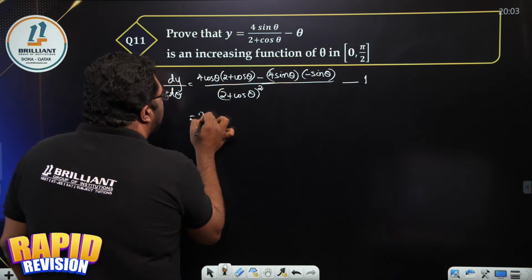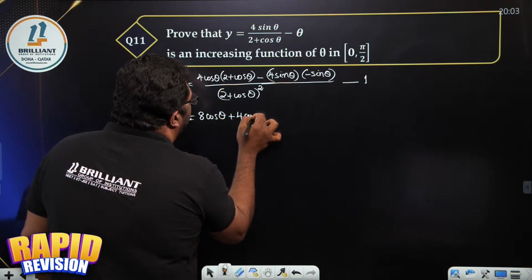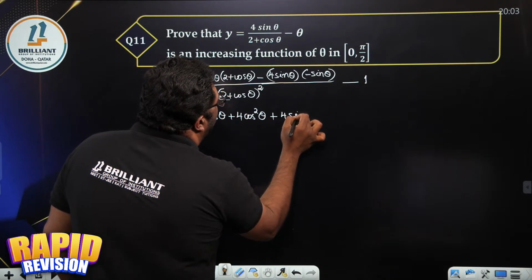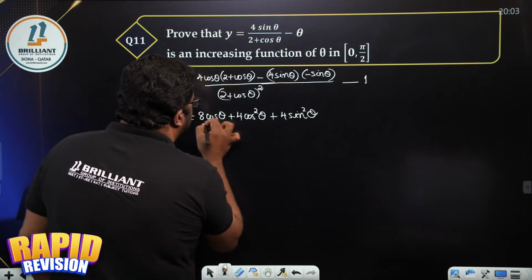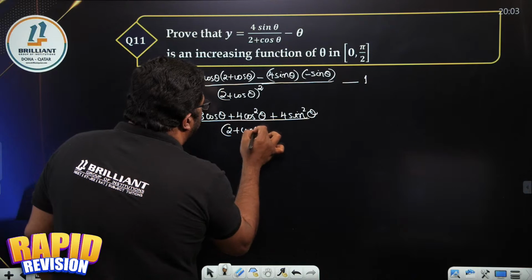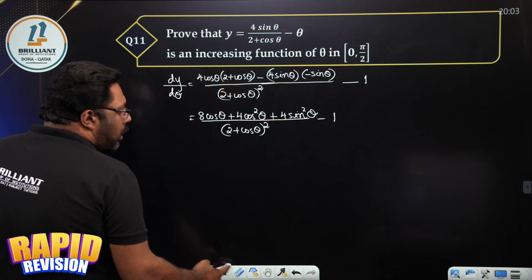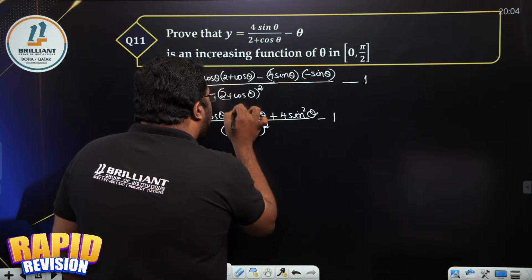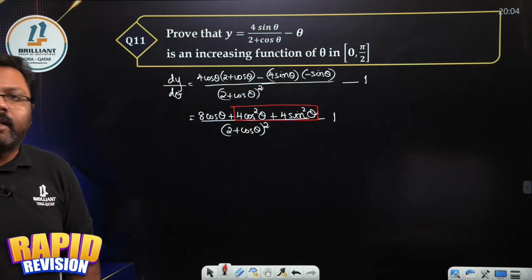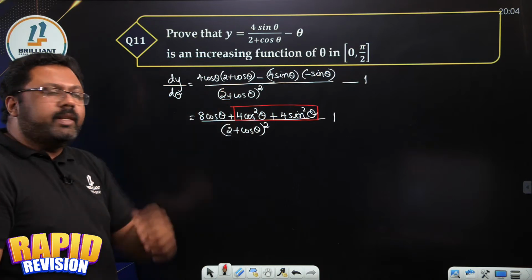Open the numerator: 8 cos theta plus 4 cos squared theta plus 4 sin squared theta, divided by (2 plus cos theta) squared, minus 1. All of you please look at this term, 4 cos squared theta plus 4 sin squared theta. You take 4 common out, it's cos squared plus sin squared, which is 1.